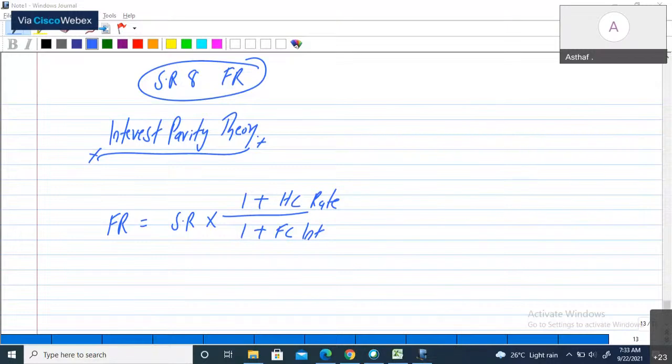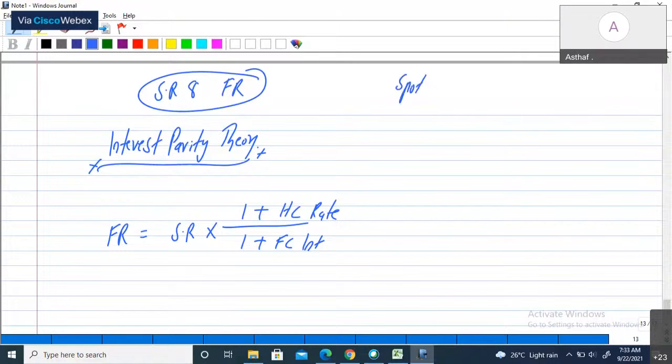So let us discuss what this concept is all about. Let's say your spot rate is dollar is 60 rupees. The numerator is called home currency, the denominator is called foreign currency, for the purpose of this formula alone.